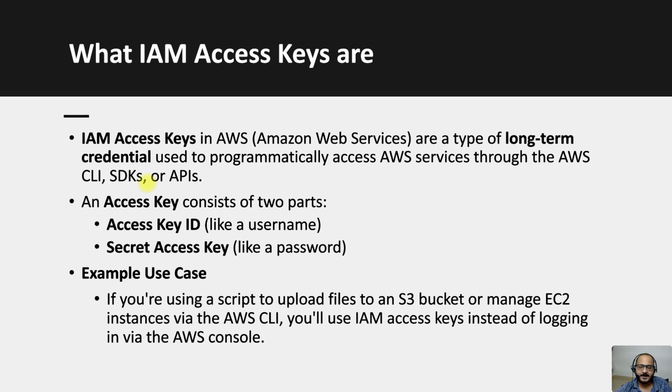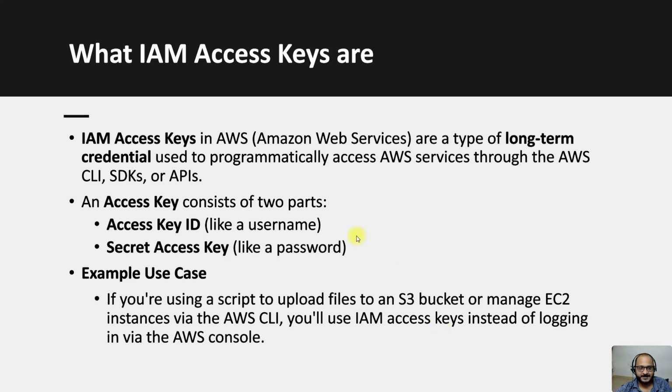In that case, you can use an access key as well. Here I have given an example as well. If you are using a script to upload files to an S3 bucket or manage EC2 instances via AWS CLI, you will use IAM access keys instead of logging in via the AWS console.